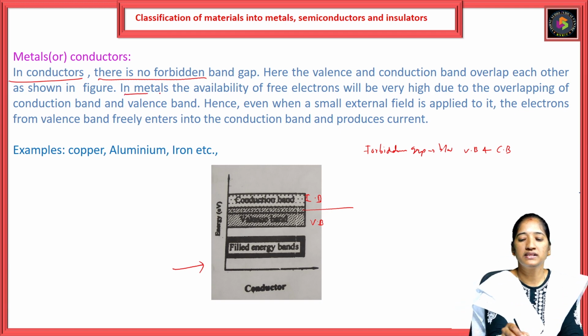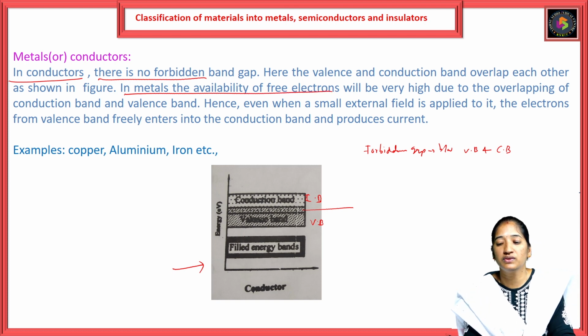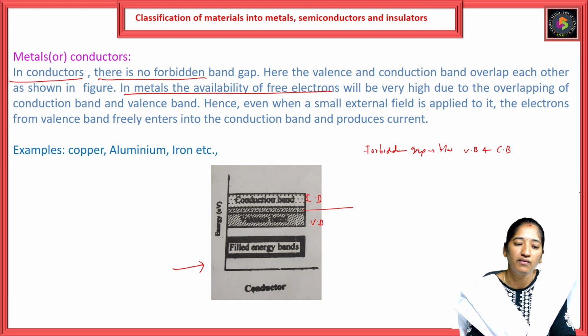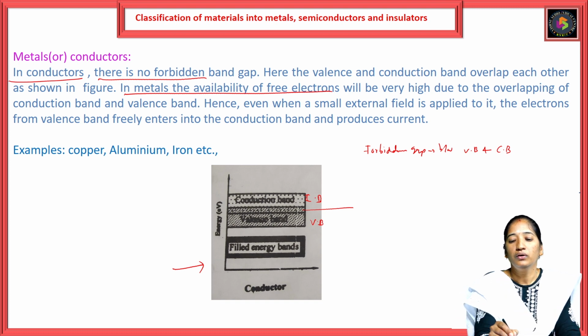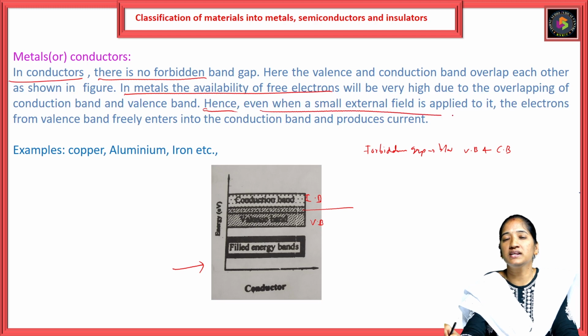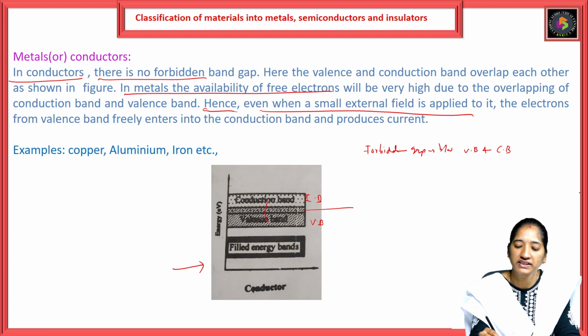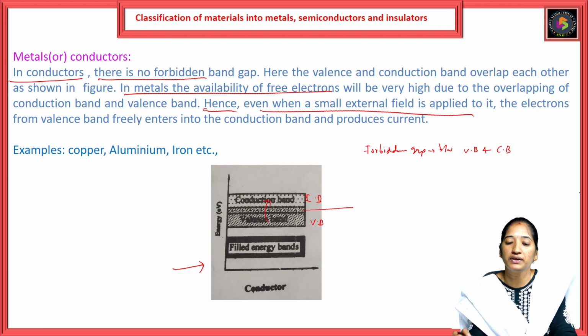So in metals, the availability of free electrons will be very high due to the overlapping of the conduction band and the valency band. Hence, even when a small external field is applied, the electrons move from the valency band to the conduction band freely to produce the current.